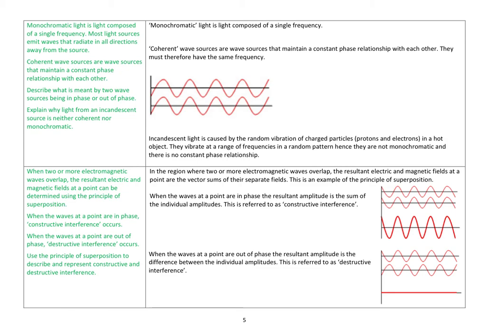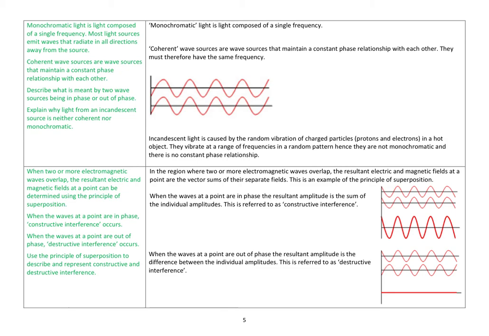We'll again explore that in a little bit more detail later on. But because in those hot, particularly dense objects like a wire filament, there's basically a random variation in the frequencies that the particles vibrate at, and they're all going in different directions, the light is generally not monochromatic, and there's also no constant phase relationship between that light.